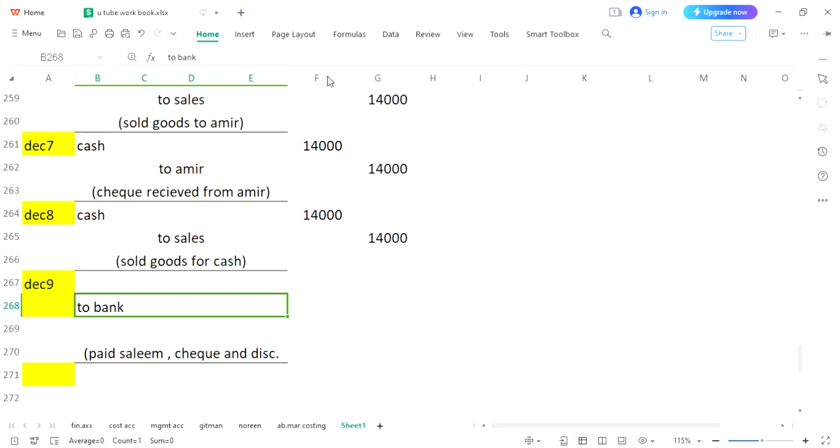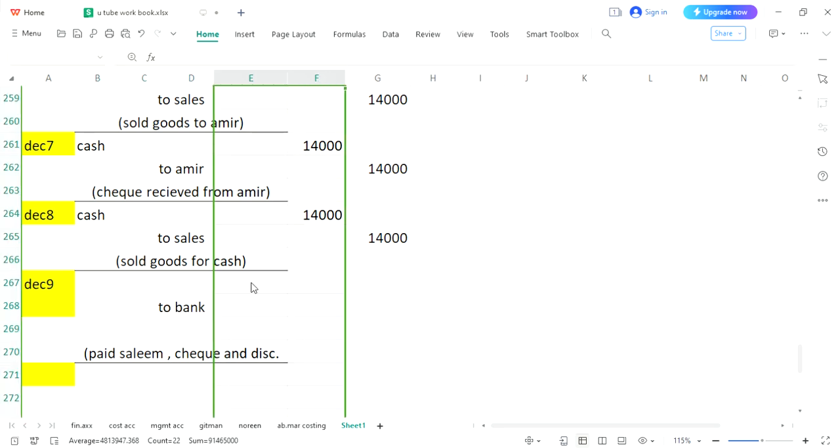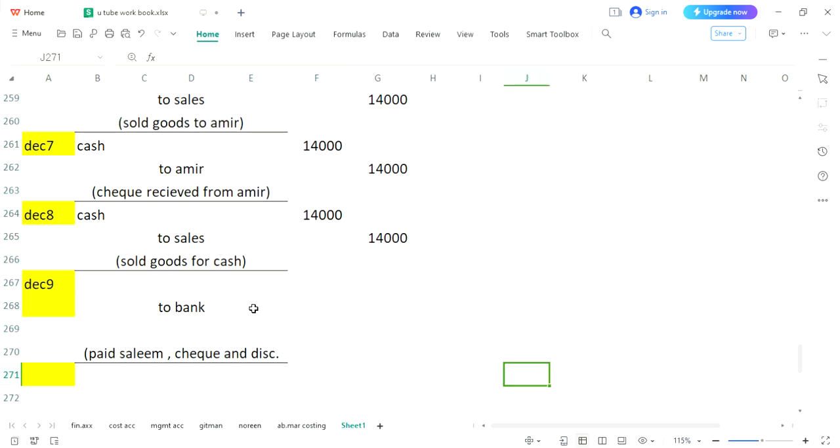Now, to whom have you given this check? The person's name is Salim. Salim was the person to whom the amount was payable. That is why you are paying. He was your account payable, your liability. As you have paid, your account payable or liability has been decreased. Decrease in liability should be mentioned on the debit side.